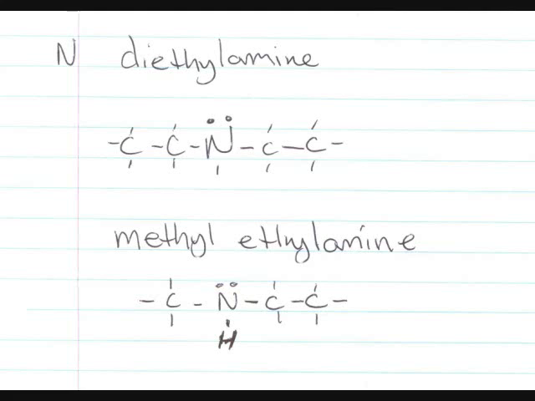If there's two ethyls, this means diethyl. This time there are two, but they're coming off of either side of the nitrogen. So it's got to be this.